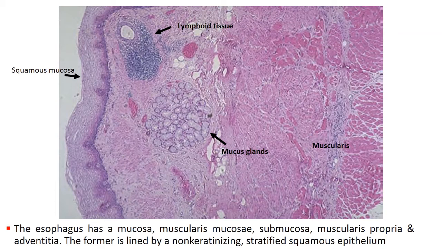The predominantly voluntary striated muscles initiate swallowing, and they are present in the upper esophagus, and they merge and change to involuntary smooth muscle distally in the lower esophagus. This provides propulsive peristalsis of the food and liquid boluses into the stomach.